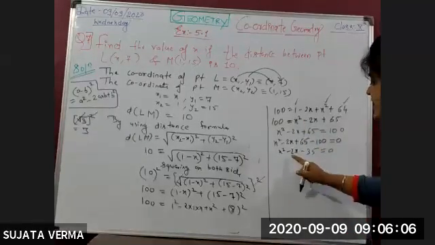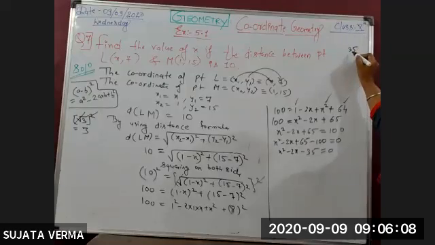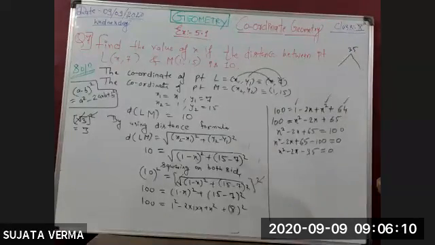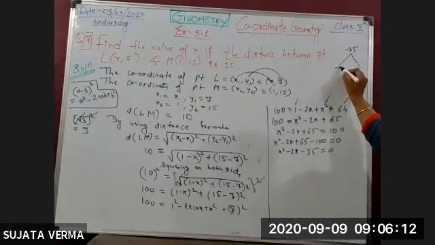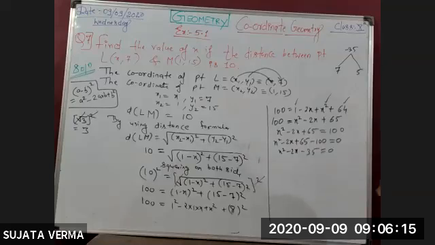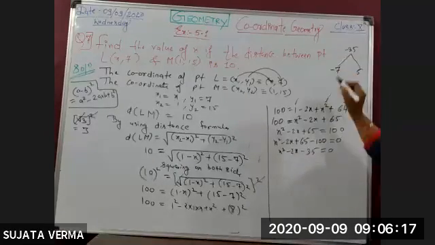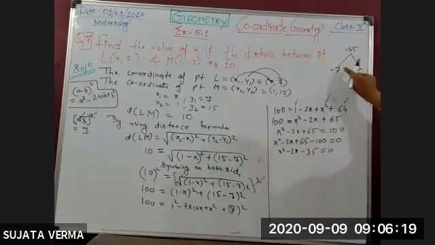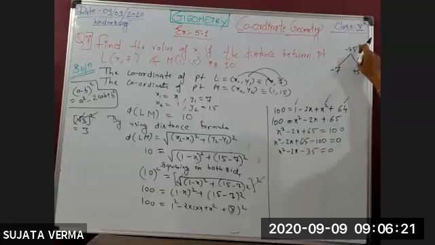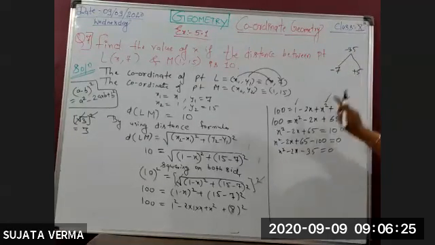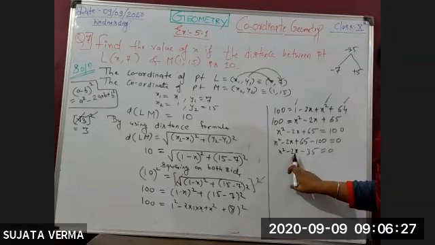So we will get the factors of minus 35. 7 fives are 35. Here the sign is minus. Then minus 7 into plus 5 is equal to minus 35. Minus 7 plus 5 is equal to minus 2. Clear?